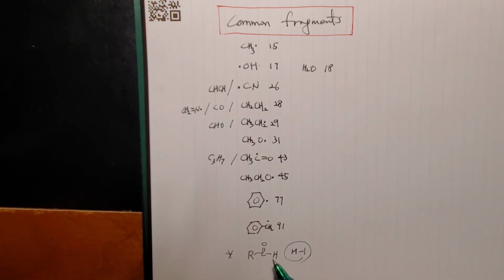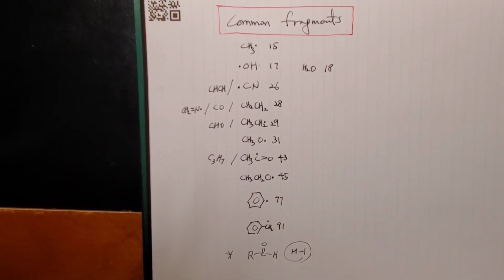And when you lose one, it's normally an aldehyde, so the molecular weight minus 1. If you see an intense peak of M-1, that's normally the sign of an aldehyde.